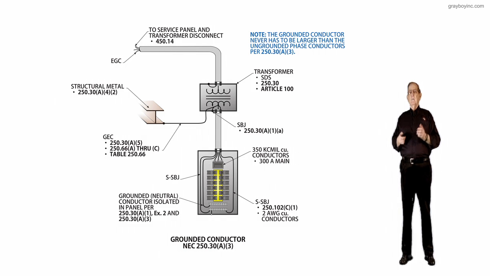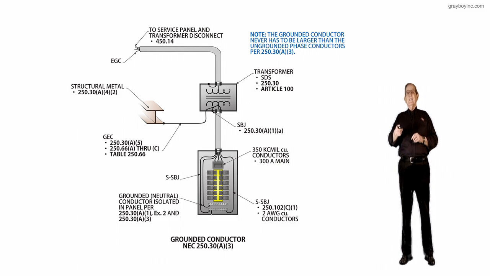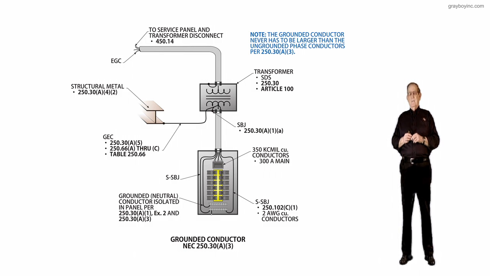And what they wanted to point out here is, if this was PVC connecting the transformer to the panel, then you could ground it at the service or at the transformer, either one, but you'd have to take the XO loose if you grounded it down at the first disconnecting means. And they wanted to clarify this. They added this new sentence to clarify that the grounded conductor shall not be larger than the ungrounded conductors.